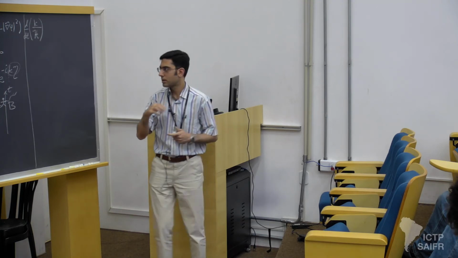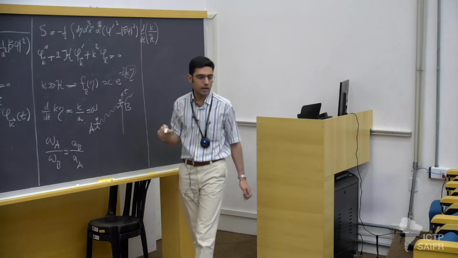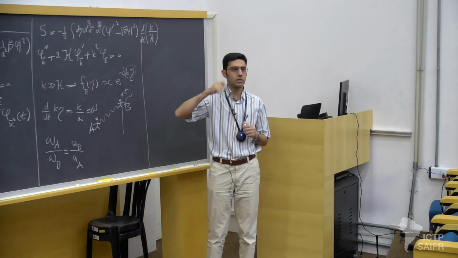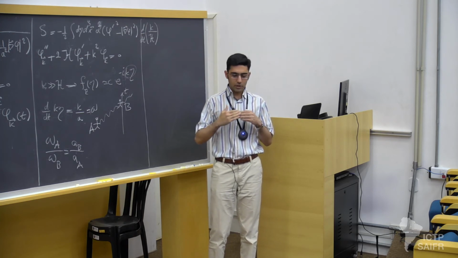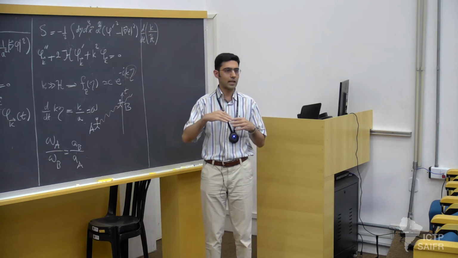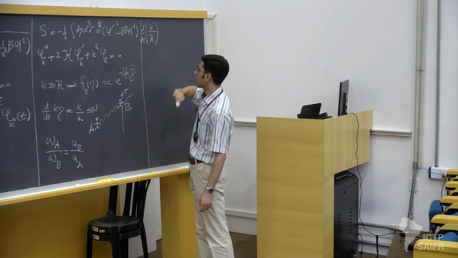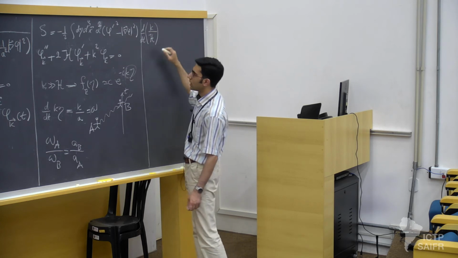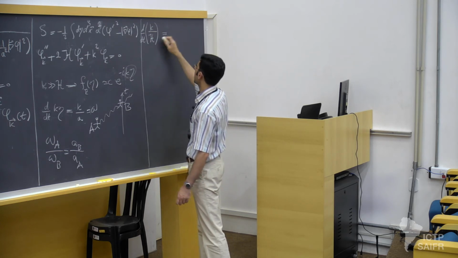If k over h is much larger than 1, it means that we are in the phase in which the mode is fastly oscillating. Now I can ask with time whether this condition remains satisfied or at some point it changes. So I should look at the time derivative of this quantity.